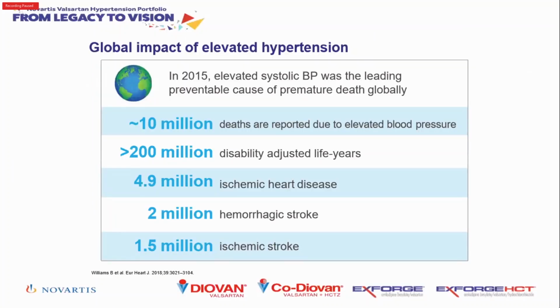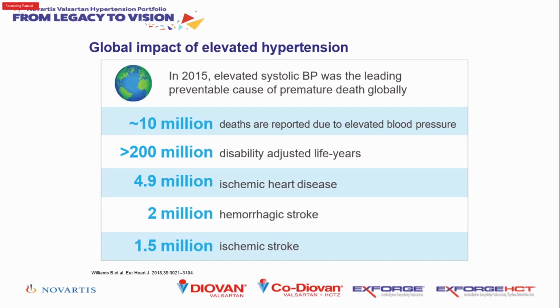So what is the global impact of hypertension? We do say that diabetes is common, but even hypertension is much commoner. And as you can see, in the year 2015, more than 10 million deaths took place because of hypertension alone. And over 200 million disability-adjusted life years occurred because of hypertension.